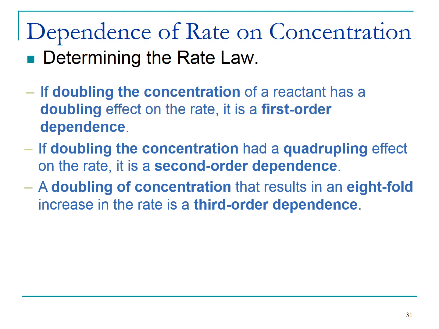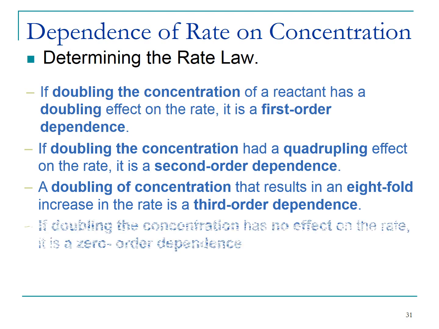It's a cubic dependence. And of course, what I said a minute ago, if doubling the concentration has no effect on the rate, then that's zero order dependence, because if you raise anything to the 0 power, you get 1 back, so it doesn't have any effect at all.